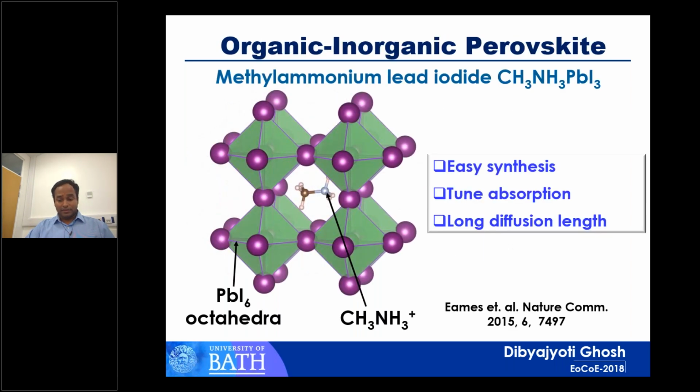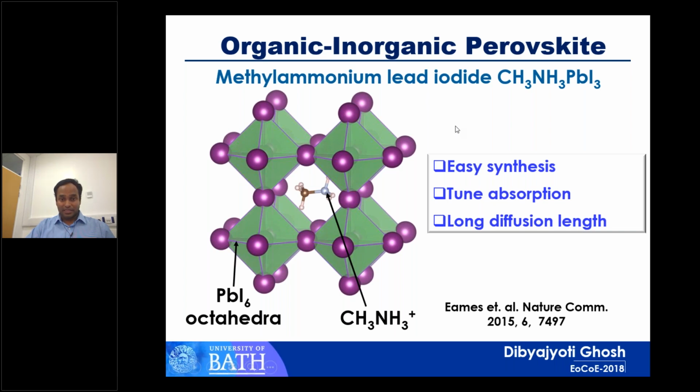But the particular material highly used for solar cell purposes is a bit different. It's an organic-inorganic perovskite. There you have an organic molecule instead of a single atom in the A site. In this figure, as you can see, methyl ammonium is occupying the A site, and this is the typical example of an organic-inorganic perovskite which has been used for solar cells.